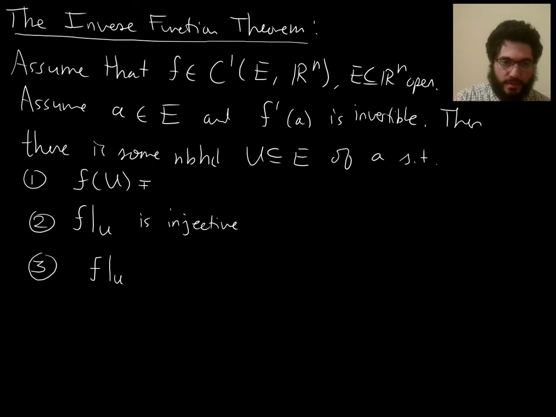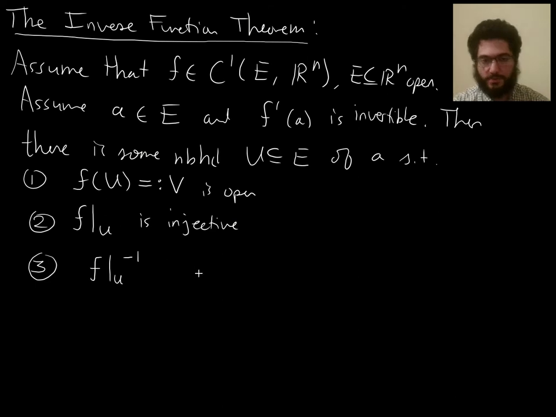Let's call it V. So this is our definition of V. So if I take the inverse of f restricted to U, which is a bijection from U to V, then that's a bijection from V back to U. And the third point is this is a C1 map.